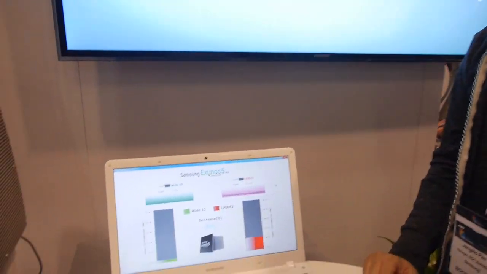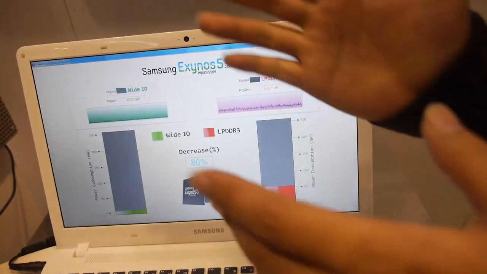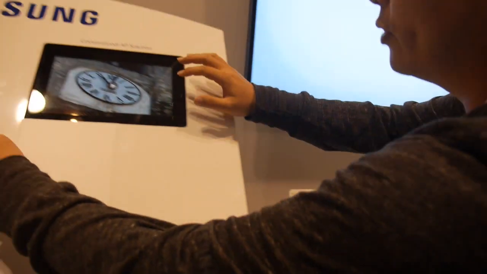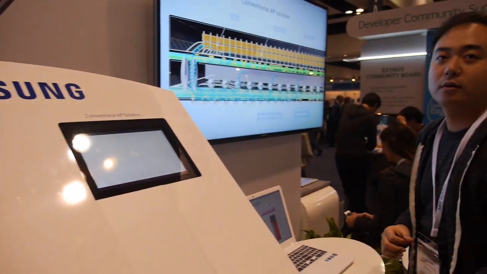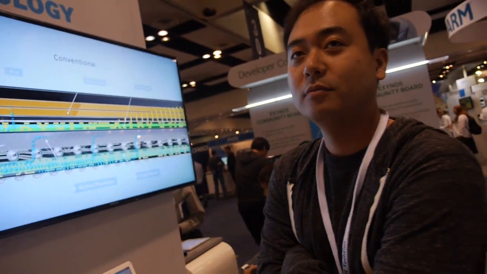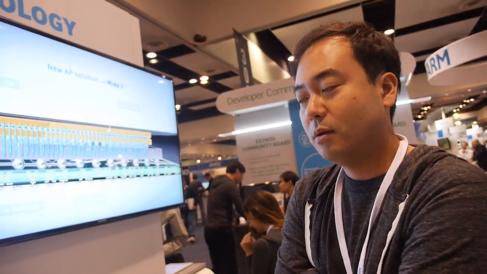What I'm trying to ask is, this DDR3, I've heard this before when I buy a computer. When I buy a PC and I want to configure it, it's always DDR3. Does that mean wide I/O is something that's happening in the desktop, in the x86 world too? Or is this only for ARM?